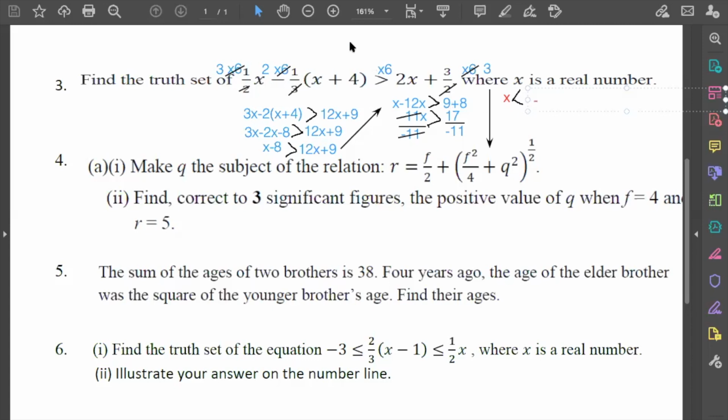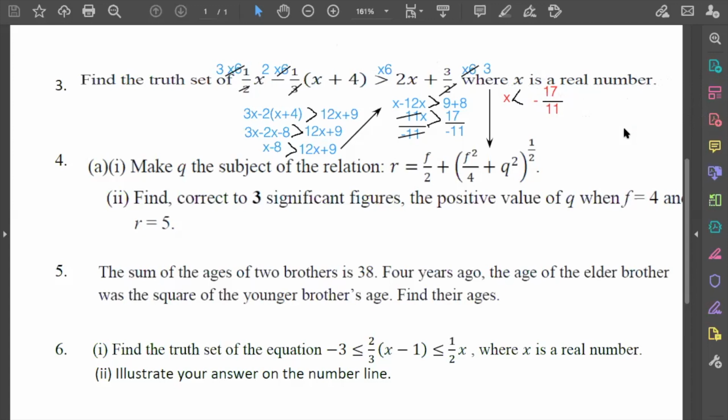So negative, and I have here divide, then I have 17 over 11.